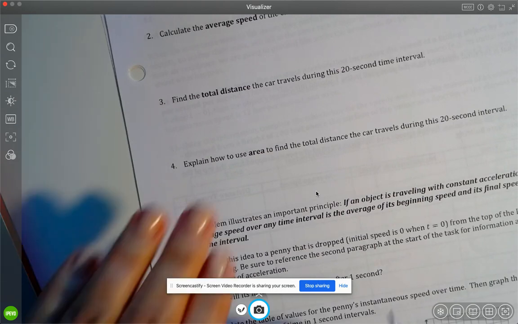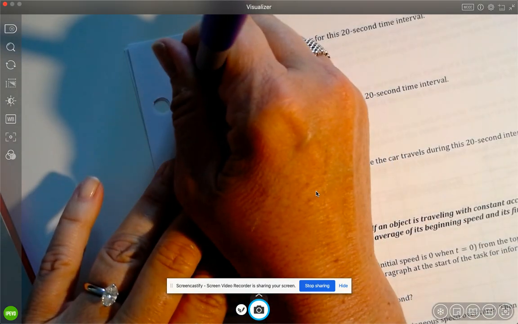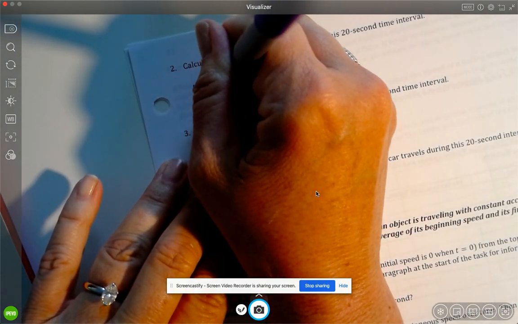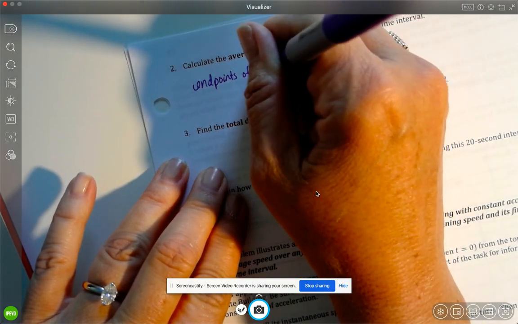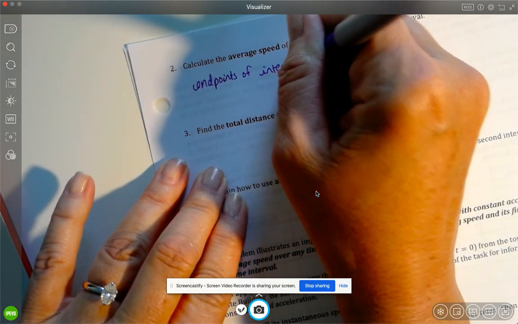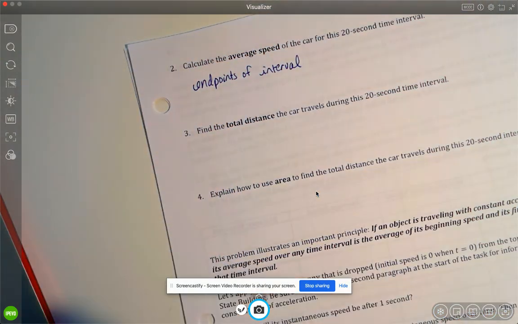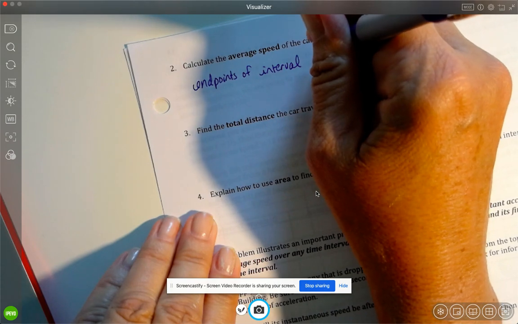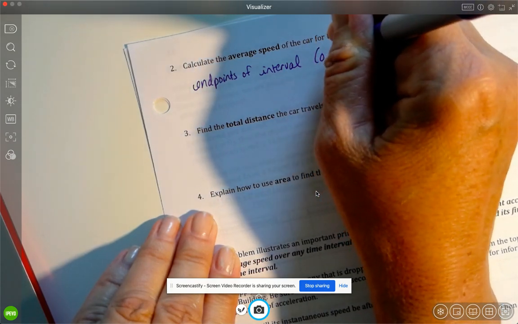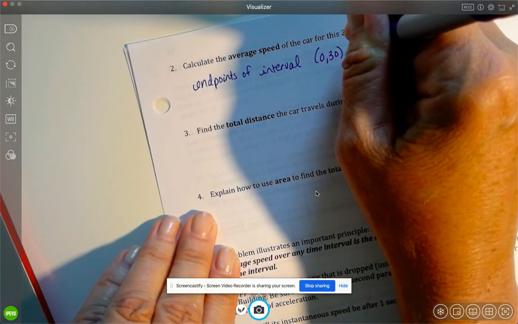So you're going to look at the endpoints of the interval. So those endpoints are 0, 30, and 20, 40.